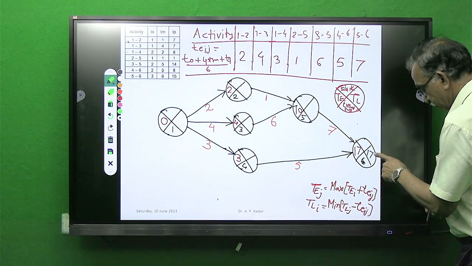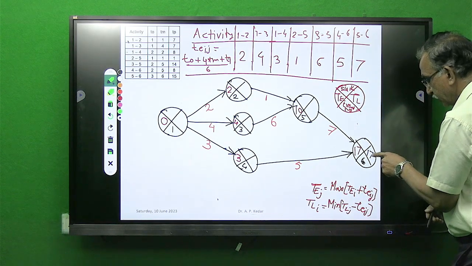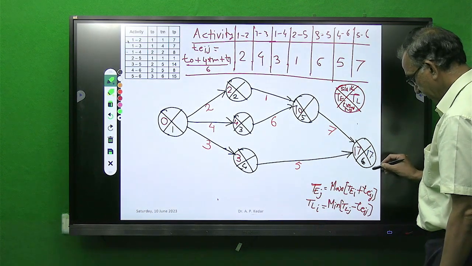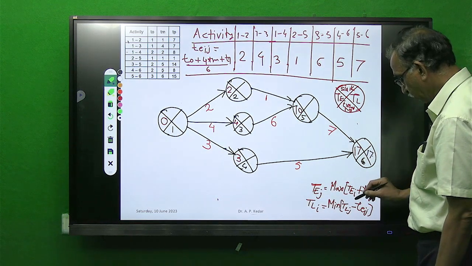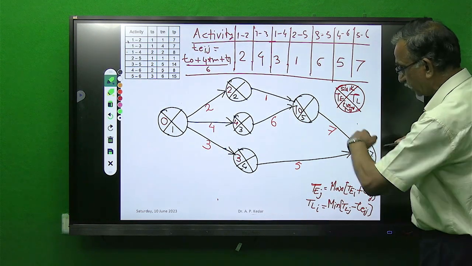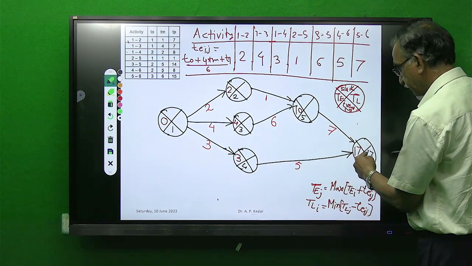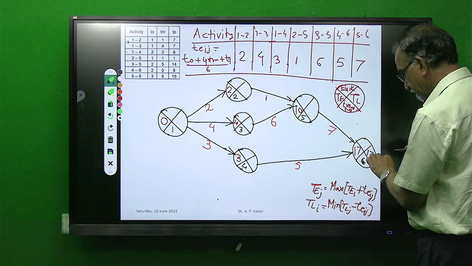This location is TL, TL of J, this value 17 is TL of J. I want TL of I, the earlier event; this is I, this is J. I know TL of J is 17.